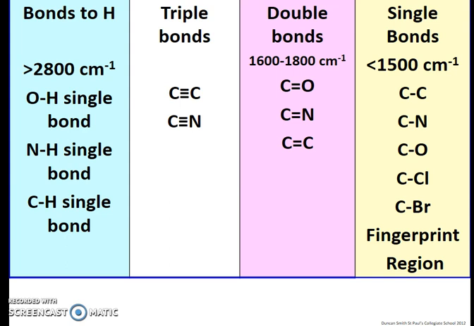The other really key one is double bonds: carbon-oxygen double bonds, carbon-carbon double bonds. You'll also find carbon-nitrogen double bonds. And they tend to be pretty much smack bang in the middle of the spectrum at around 1600 to 1700 wave numbers. Okay, the third section of the spectrum is what we call the fingerprint region, and that is the stuff on the right-hand side of the spectrum.